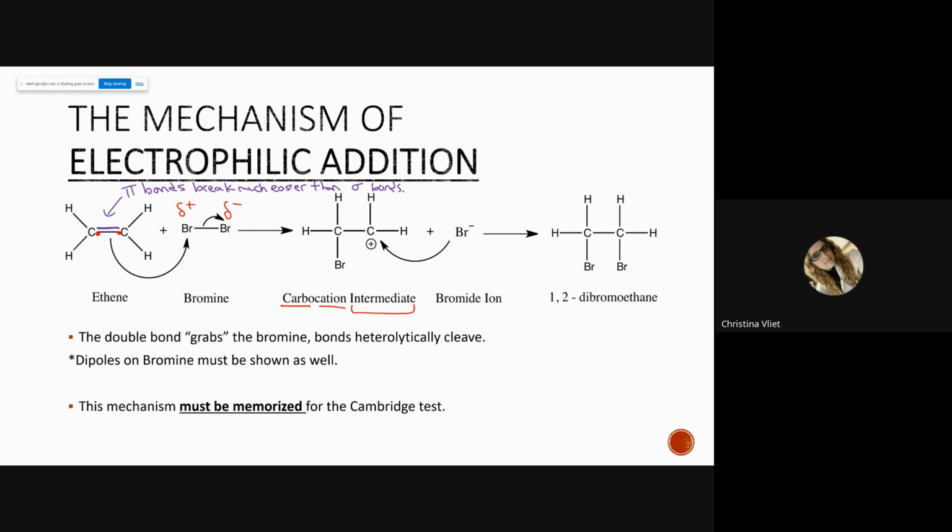Now there's a couple of things I need to bring up. First of all, I mentioned these dipoles, so dipoles on bromine must be shown. But how the heck do we know which of these bromines is positive and which of these bromines is negative? Isn't this non-polar? How does that even have a dipole? Brain. Do you remember something about intermolecular forces?